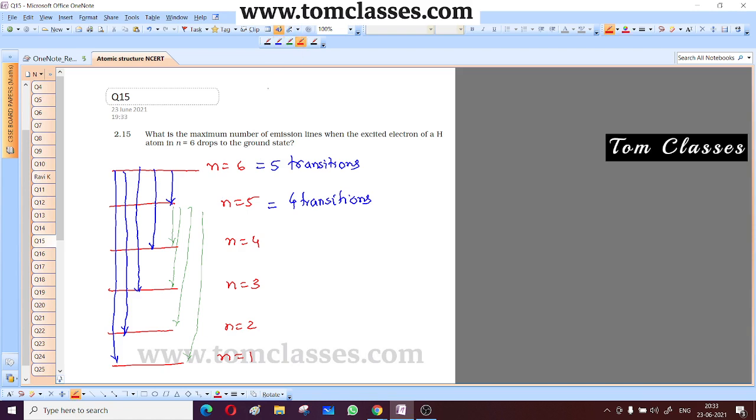Now if it is in the 4th orbit, suppose this electron has come over here, now this electron can move to n is equal to 1, 2 and 3, right? So with this we have 3 transitions possible. Now if this electron has come over here, it can go here or here, so 2 transitions are possible.